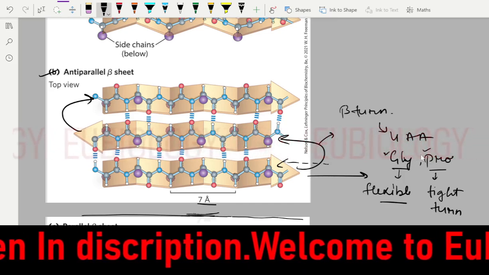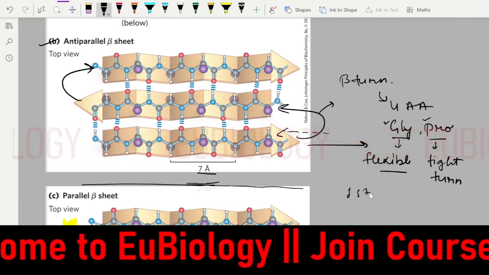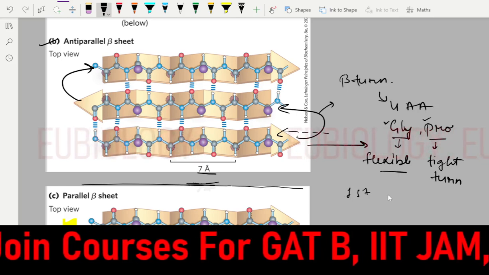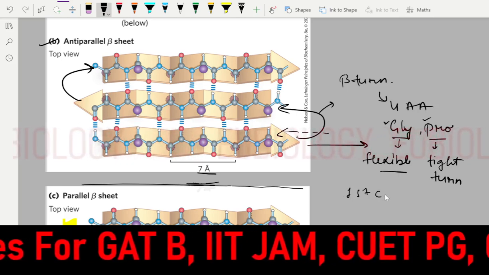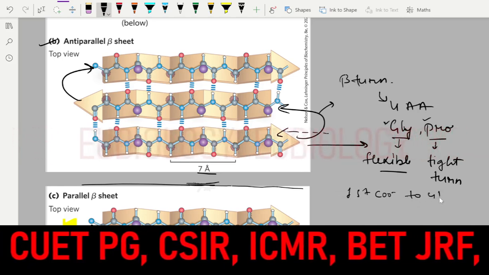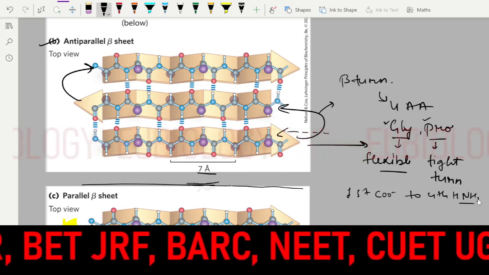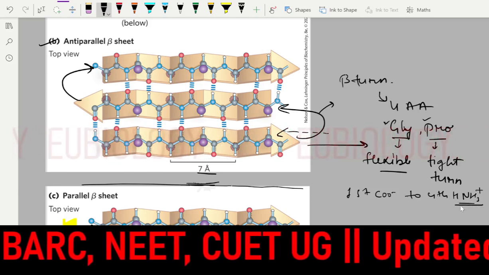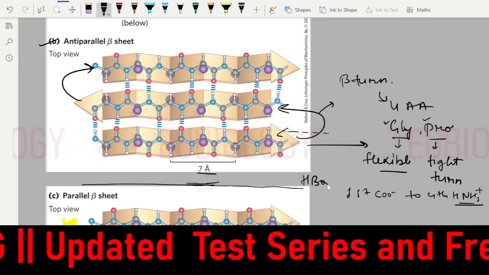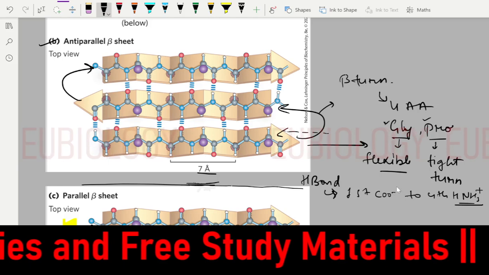Remember, there will be a hydrogen bond between the CO of the first residue and the hydrogen of the amino group of the fourth, an H bond in this direction. So this is all about the beta turn.